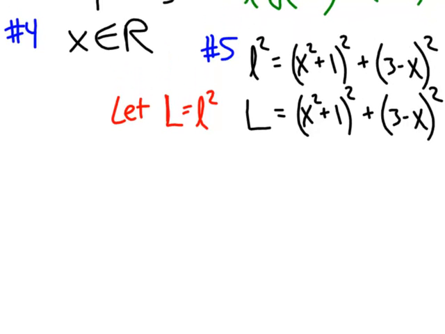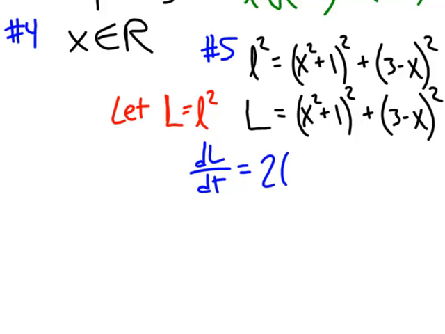So as far as taking the derivative, is it worth distributing this out, foiling it all out, or just chain ruling it? I don't know. My experience tells me it's kind of even either way. So I'm just going to chain rule it, but you might try foiling it out if you prefer.